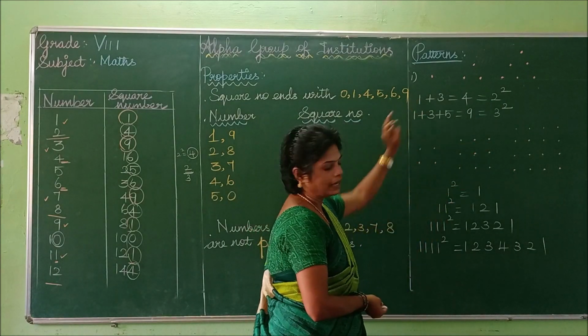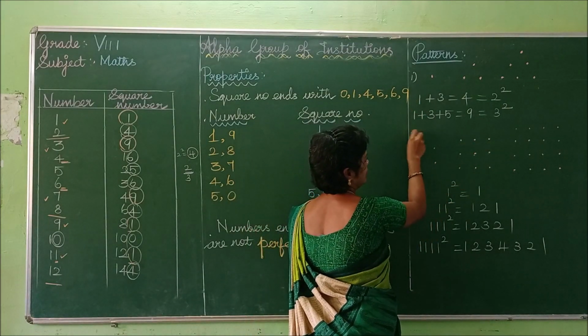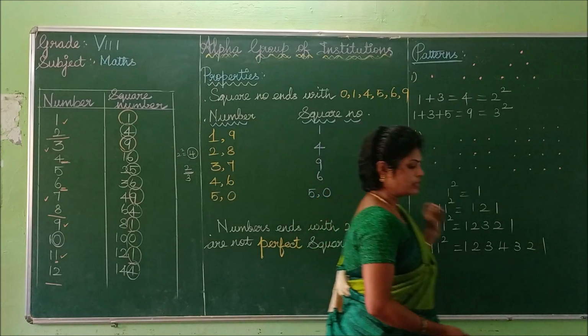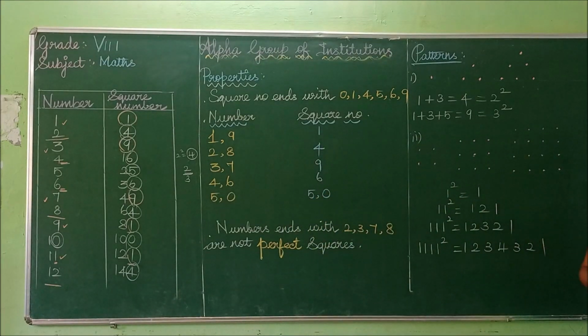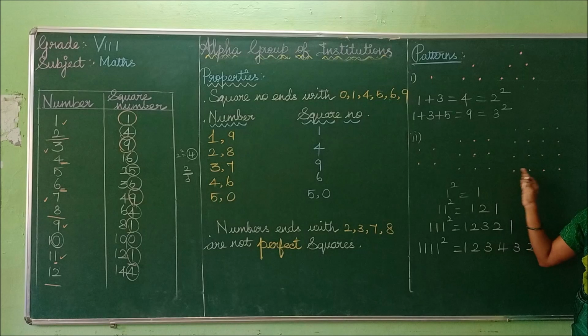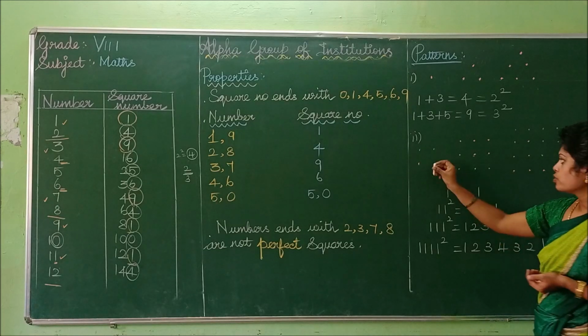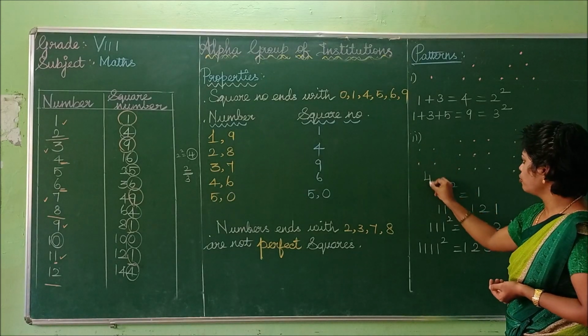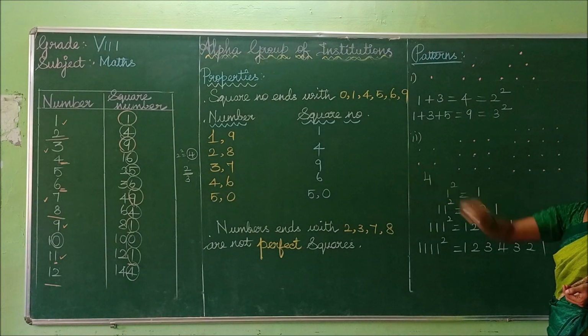This is the odd pattern and the second one is the even pattern. So listen to this one. This is an odd number, this is an even. The dot pattern of square numbers can be arranged as squares. So this is 4. 4 is a square number or not? 4 is 2 squared.